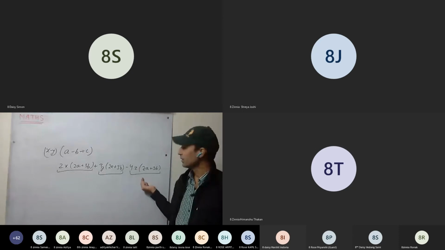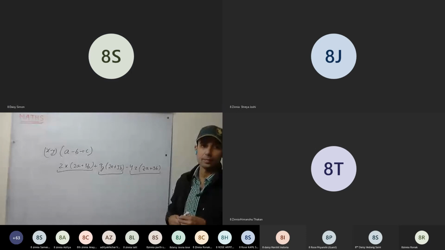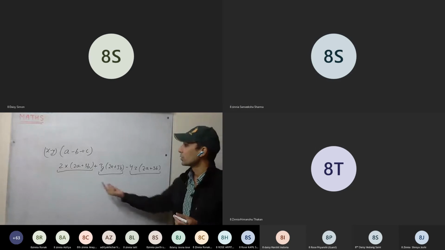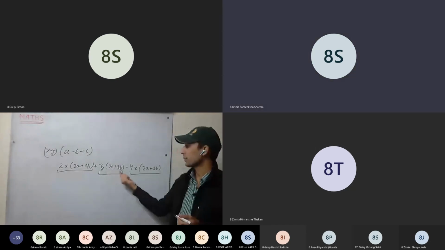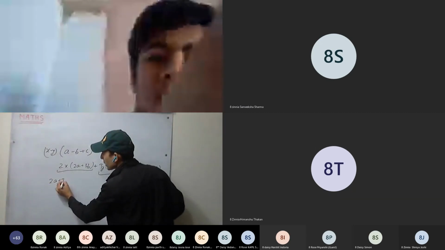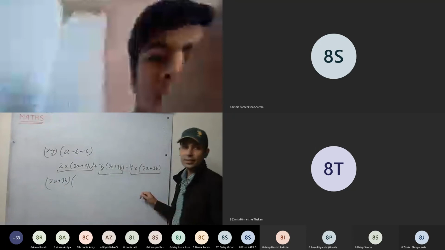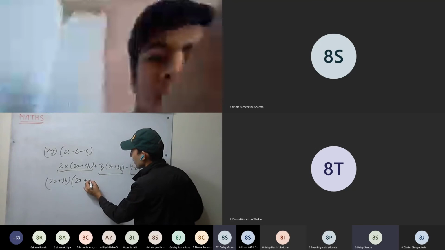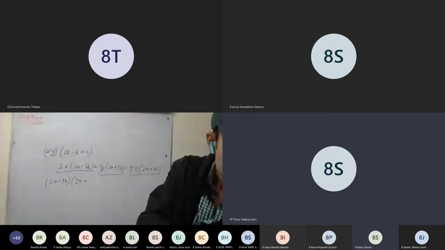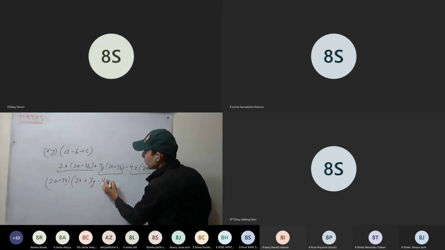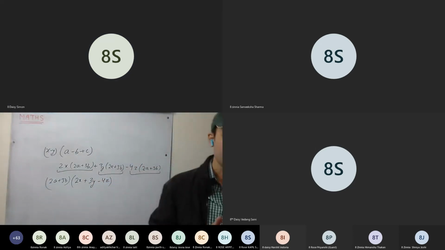What is common among three? 2a plus 3b will be common. We take 2a plus 3b out. 2a plus 3b. And what will remain inside? 2x plus 3y minus 4z. So this will be the answer.